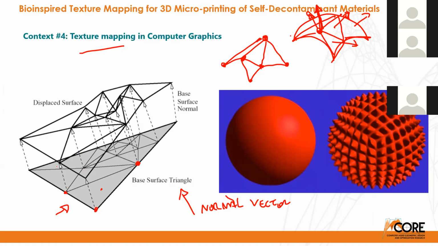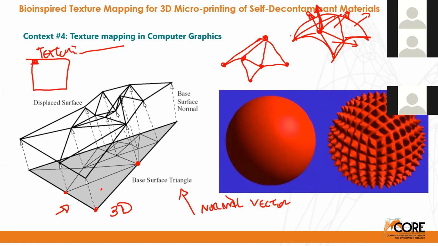So our interest is to actually do a texture mapping using 3D information. So information that can change the height of these triangles or the position of this triangle in the direction of the normal vector. So when we take the image that we call texture, each pixel here has information on height. So we take this information and we add it to the vertex of the triangle that falls at this position.